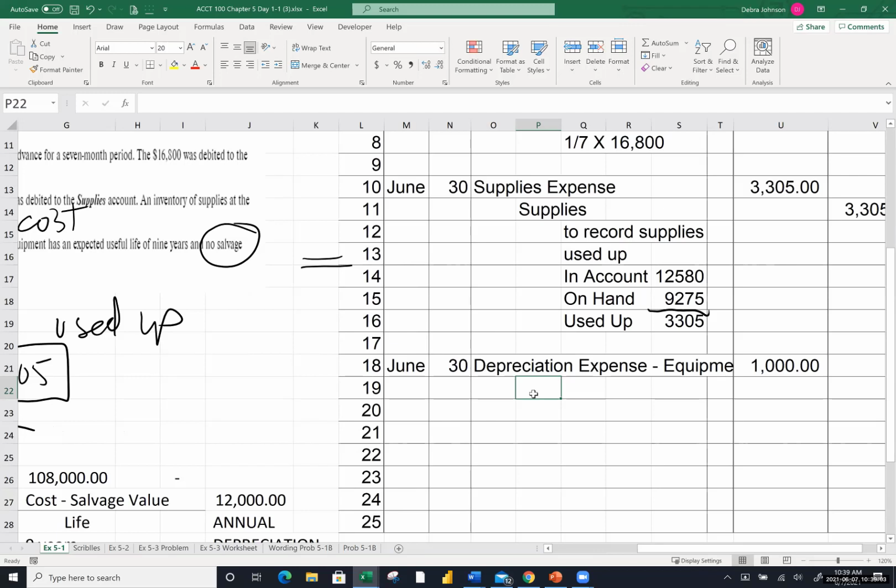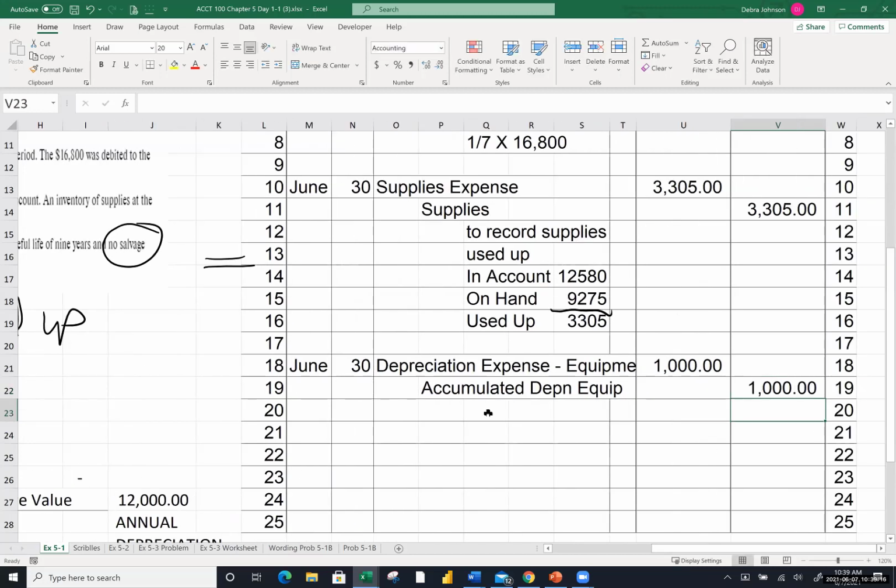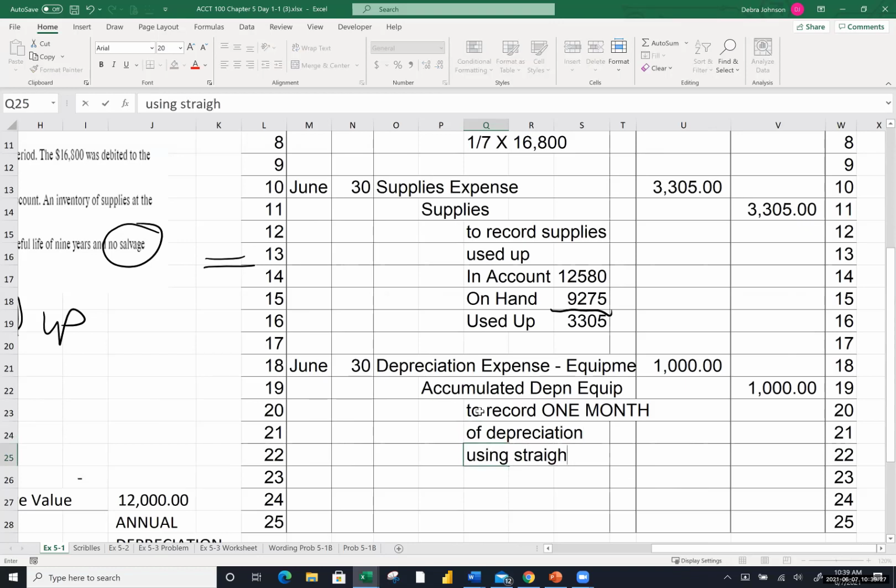The credit is to that funky contra account that we learned about called accumulated depreciation on the equipment. And I'm going to write down to record 1 month of depreciation using straight line. And since I just showed you the calculation, I won't bother showing it to you again.